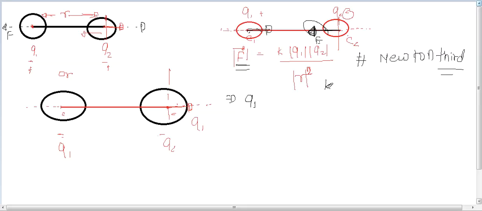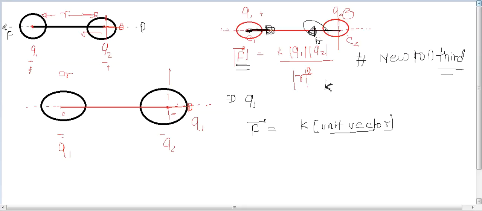Then what is the vector F? Vector F is equal to k, which is the magnitude, times a unit vector. And what should be the direction of this unit vector? The direction of the unit vector should be along this line.